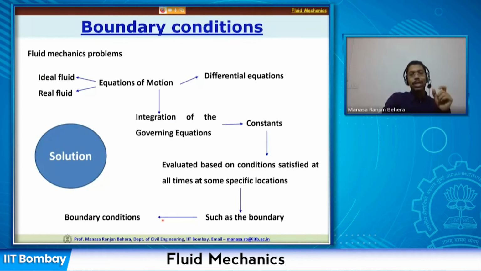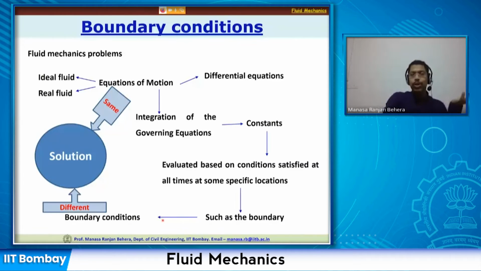Now, this boundary condition is going to make the problem different for the same governing equation. If I'm using the same governing equation for two different problems, but my boundary conditions vary, then my solution is going to be different, because two different problems obviously should have two different solutions. So this is where the boundary condition needs to be implemented properly.